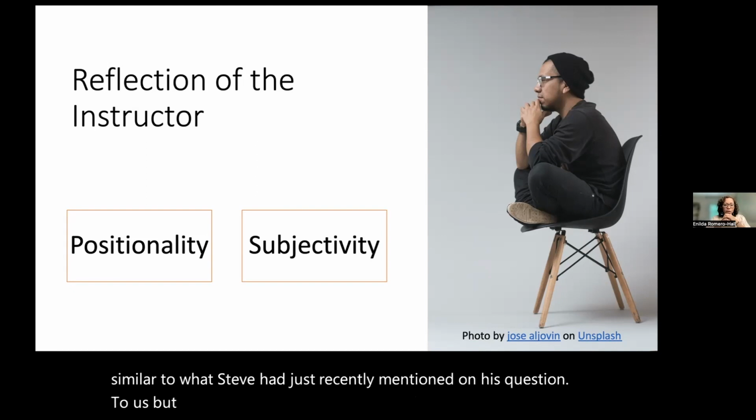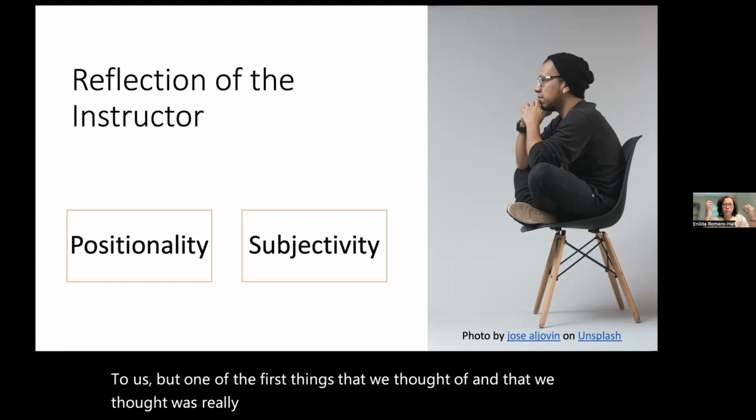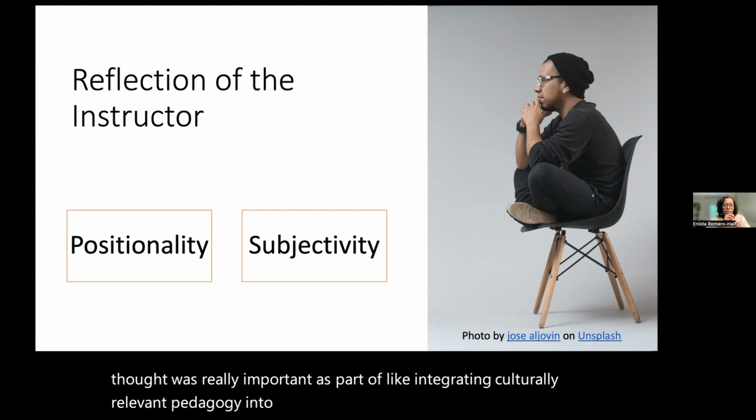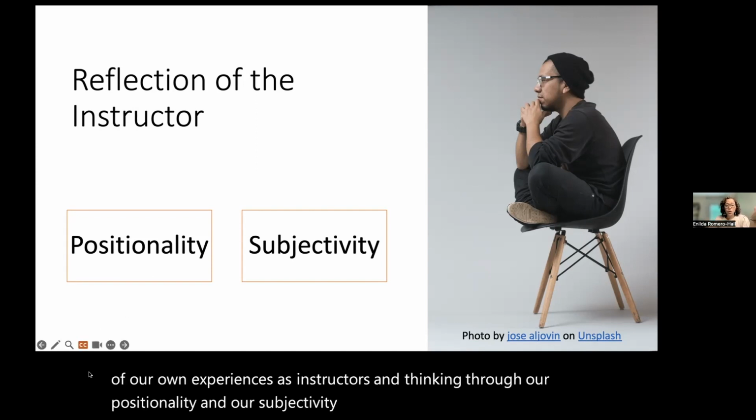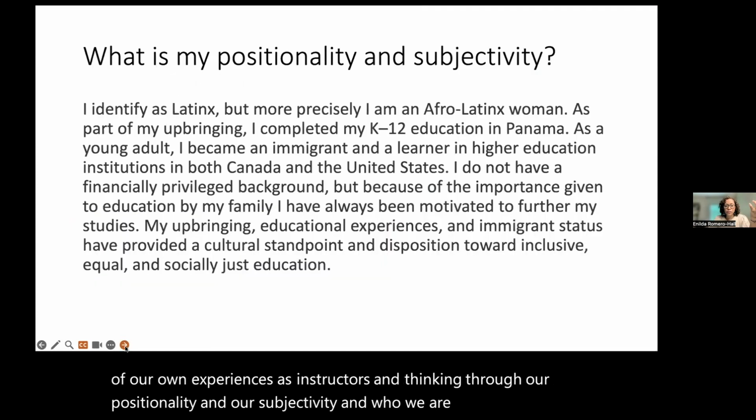But one of the first things that we thought was really important as part of integrating culturally relevant pedagogy into online learning practice is reflecting on our own experiences as instructors and thinking through our positionality and our subjectivity on who we are as individuals.